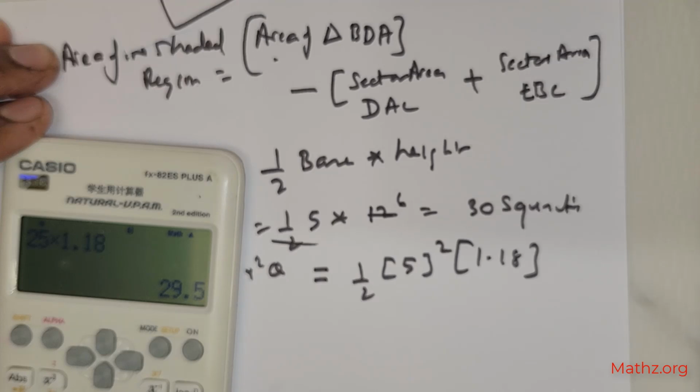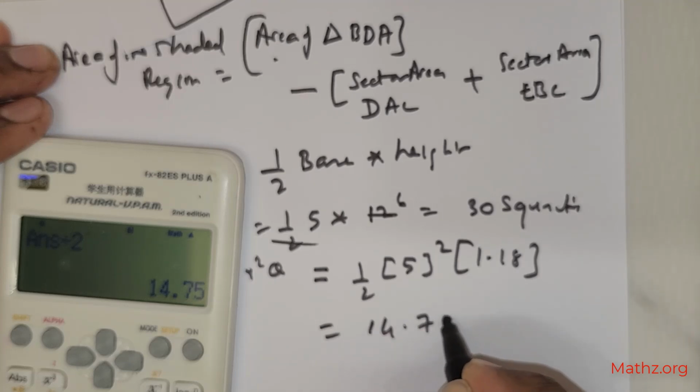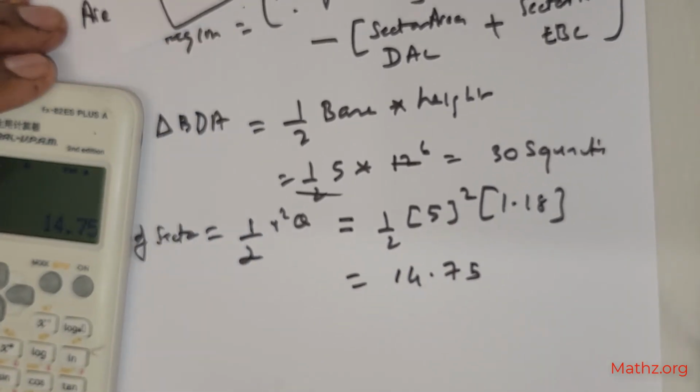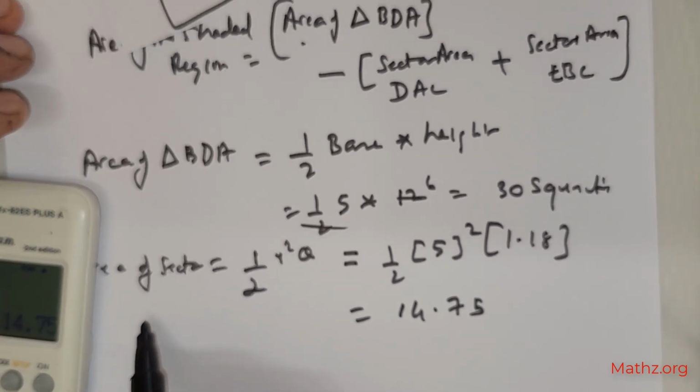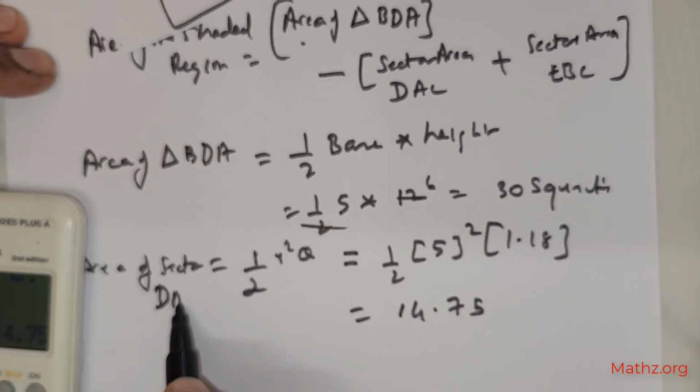We divide this by 2. So you get 14.75. So this is for the sector DAC.